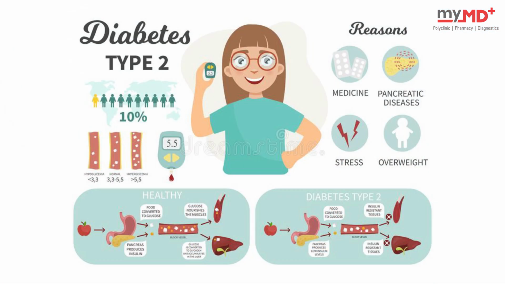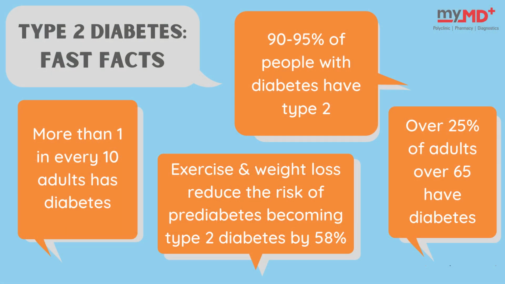Not all diabetes is the same. Ideally, the majority of patients belong to one category, that is type 2 diabetes. More than 95% of patients have type 2 diabetes and around 5% or less is type 1 diabetes. Apart from this, there are other variants of diabetes.